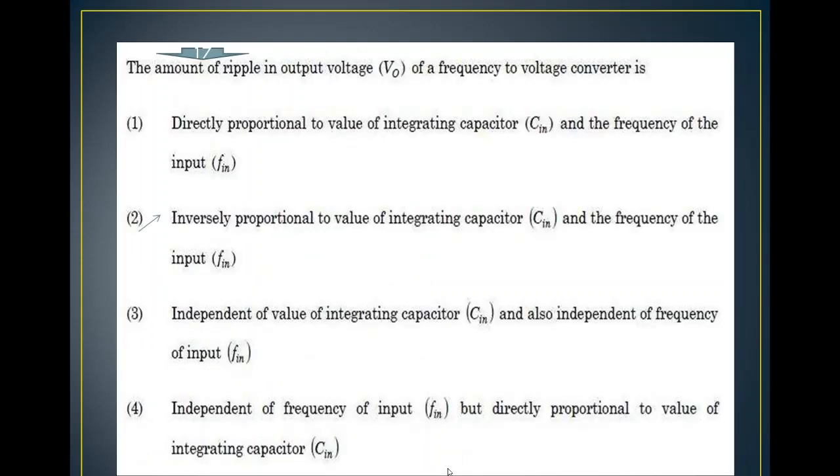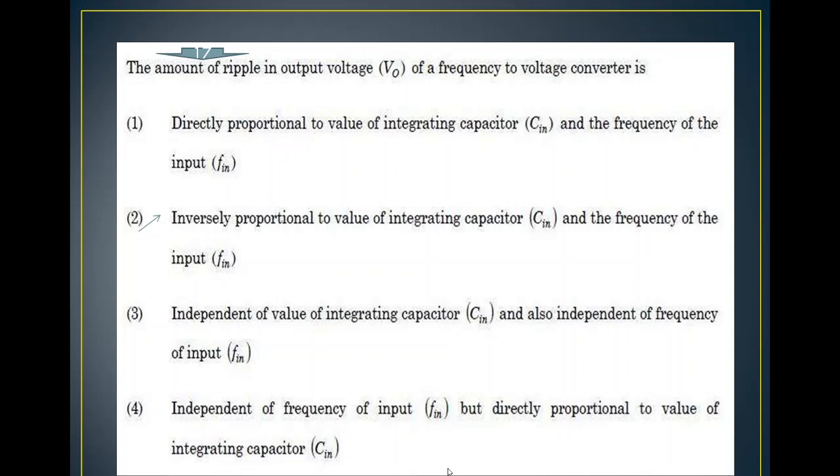The amount of ripple in output voltage V0 of the frequency to voltage converter is, option first, directly proportional to the value of integrating capacitor and the frequency of the input. Option second, inversely proportional to the value of integrating capacitor and the frequency of the input.